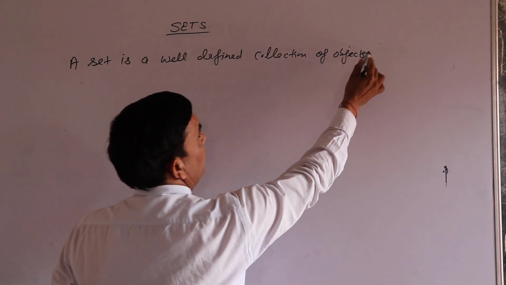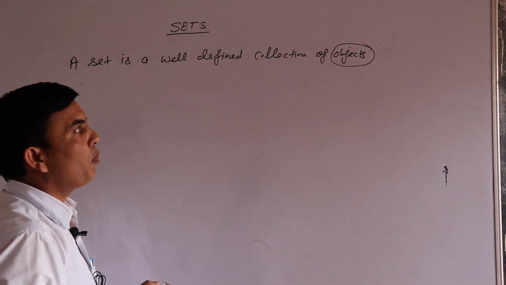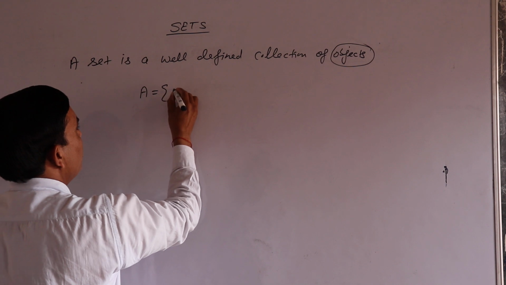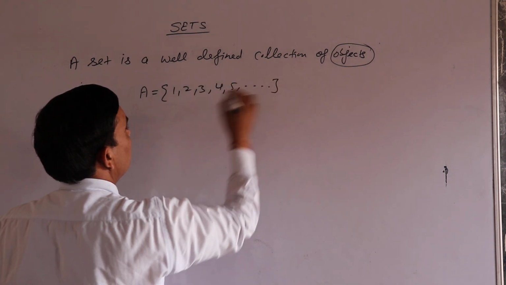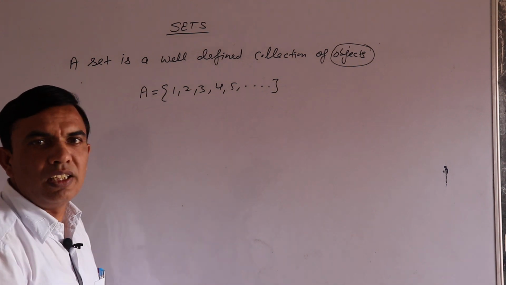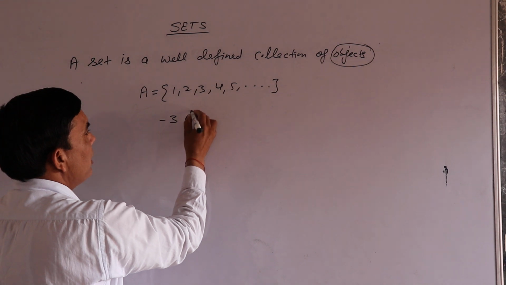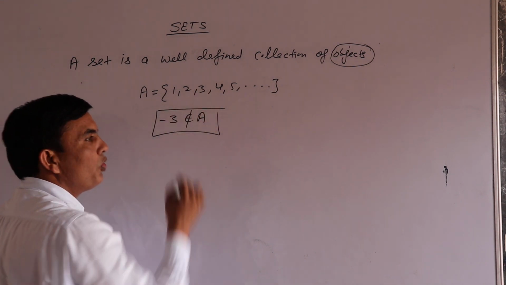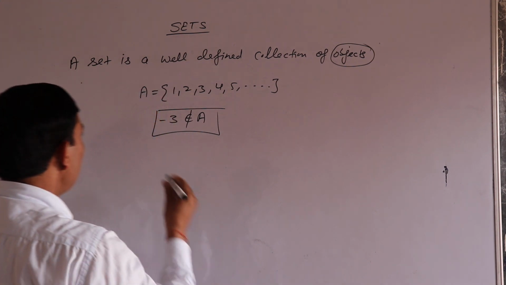Here, objects means elements or members of the set. Suppose A equals the set of natural numbers. If we take -3, then -3 does not belong to the given set, because -3 is not a natural number, so it is not well defined here.